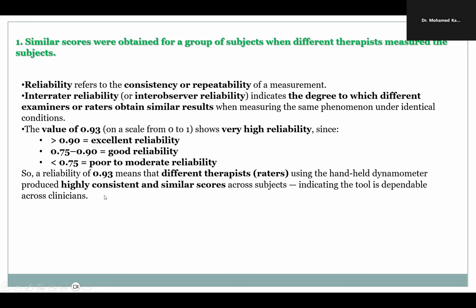Since we have got 0.93, this means high reliability with different therapists, so that's why it is inter-rater, and because they have got consistent and similar scores across different subjects.